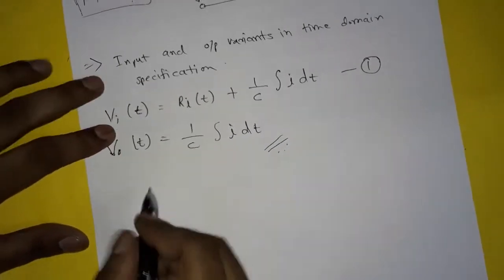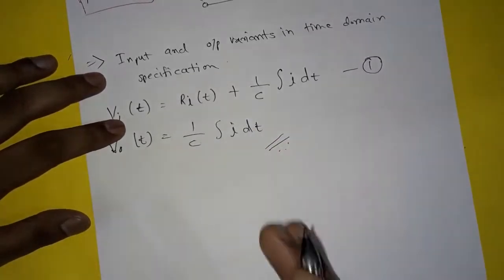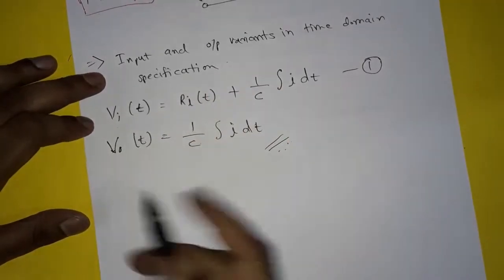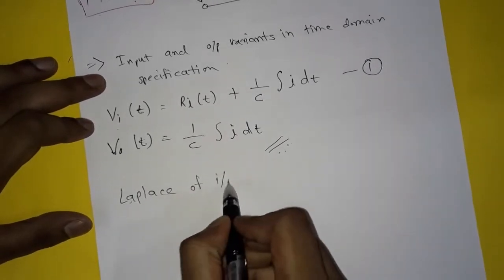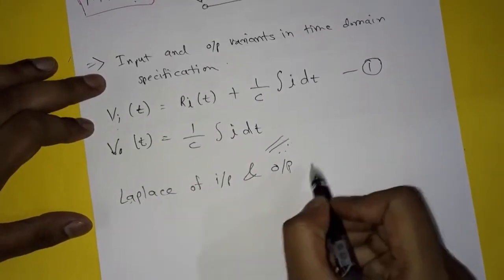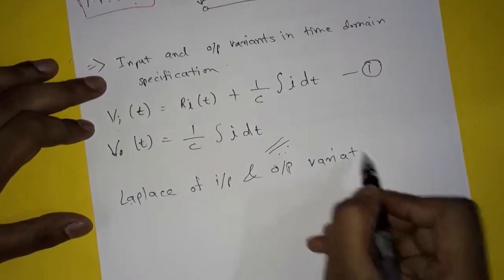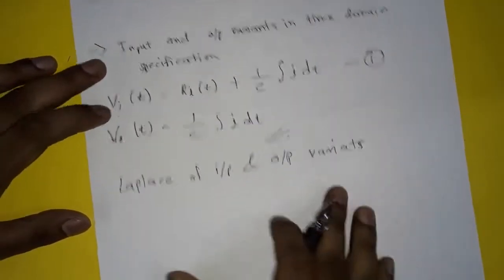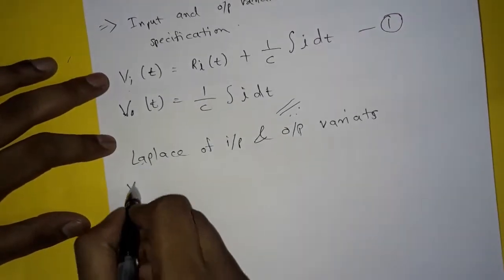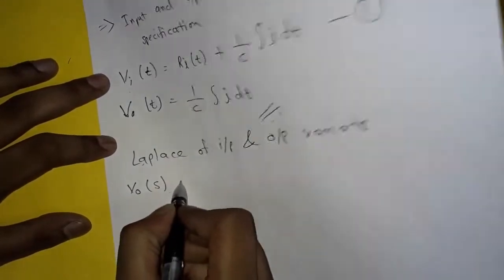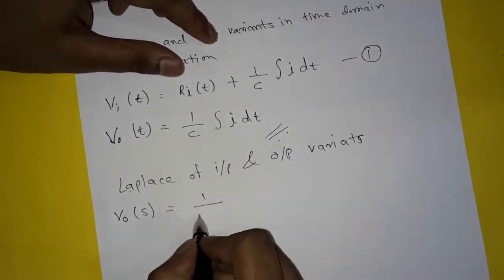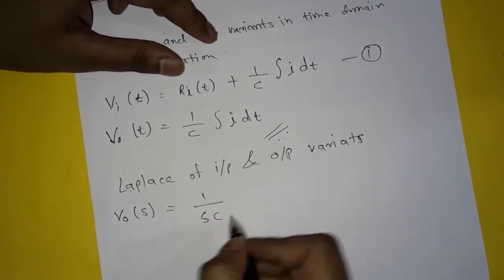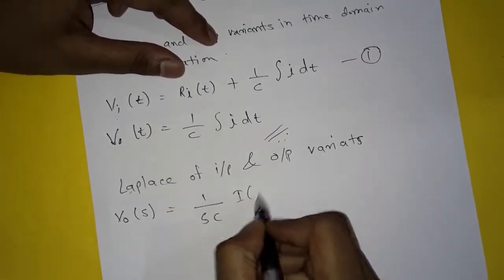So next is Laplace of these input and output variables. Therefore, Vo of s is equal to 1 upon sC into I of s.